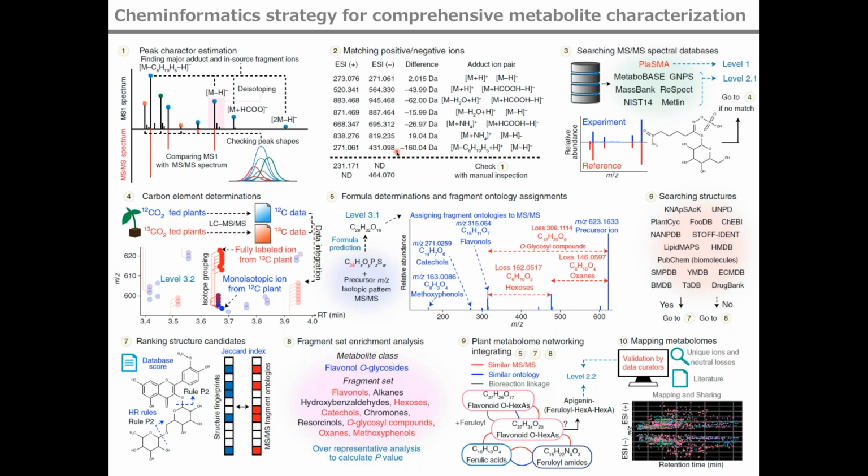This complicated slide shows the strategy to characterize metabolomes in various living organisms, and we applied this workflow to a total of 12 plant species in this study. The first and second steps are designed to group the ions from one metabolite.